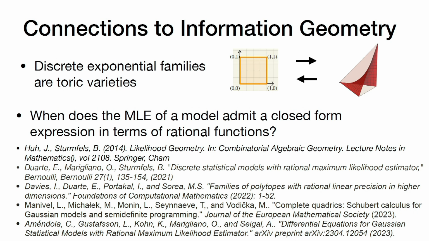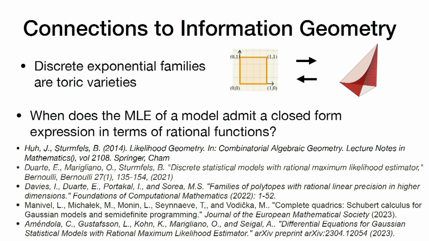Okay, and then how has this developed through the years? Well, let me start with the work of Junher and Bernd Sturmfels. Okay, Junher first. He gave a classification of the models that have maximum likelihood degree 1.